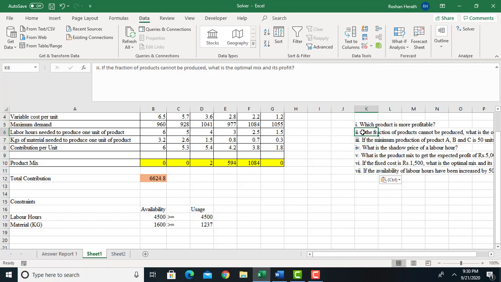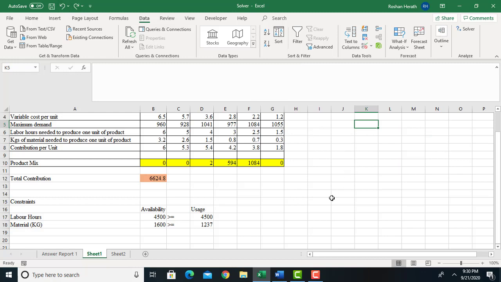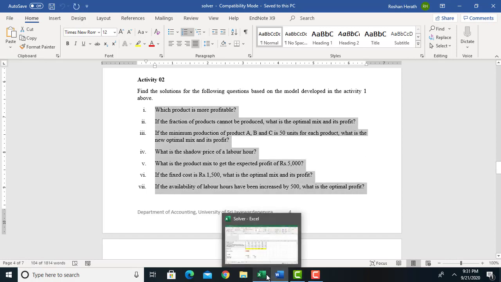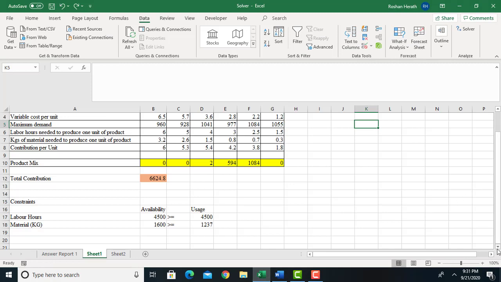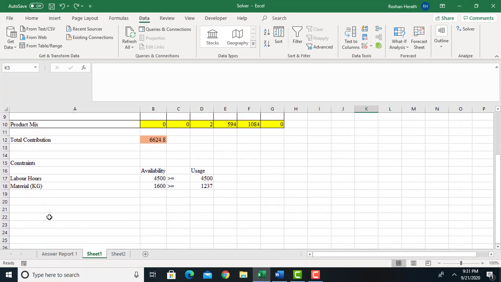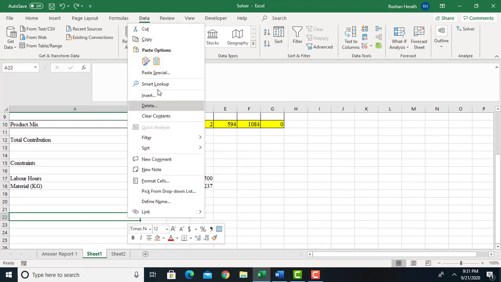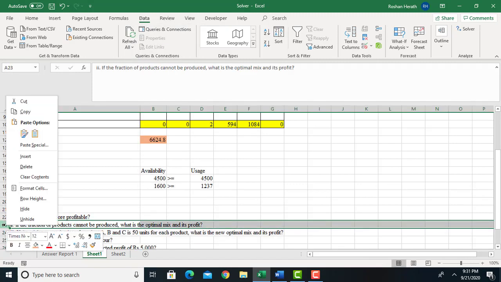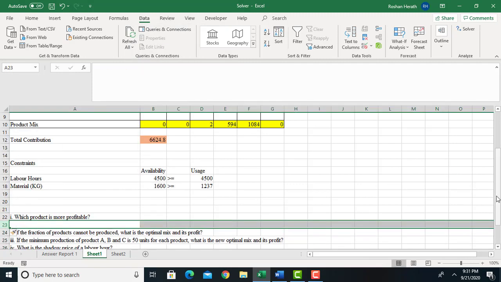We may keep some space, so I'll take the questions somewhere down, and then we can have some space by inserting cells.